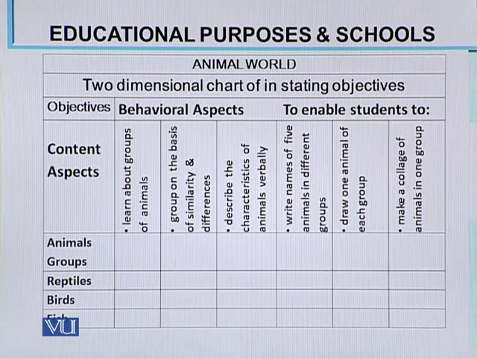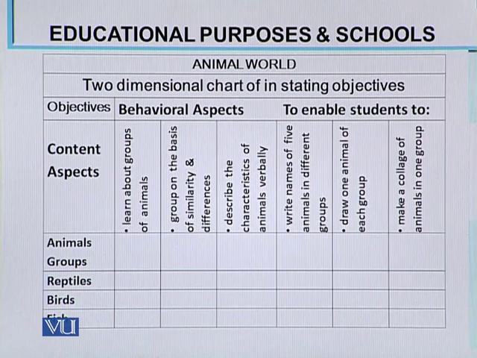If you have a look at this, it's a two-dimensional chart. The topic is animal world. We have objectives. Along the x-axis, we have the content aspect, where we are saying that this kind of content we will be dealing with.